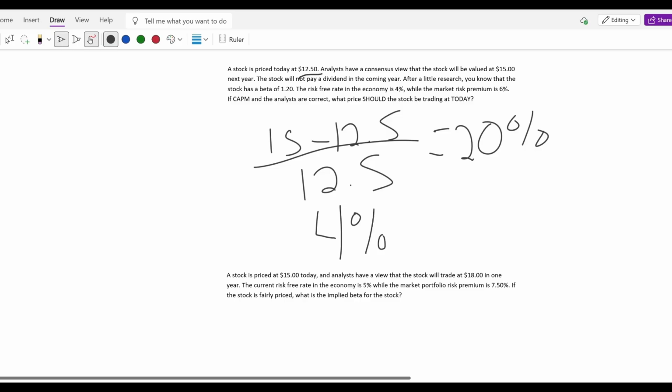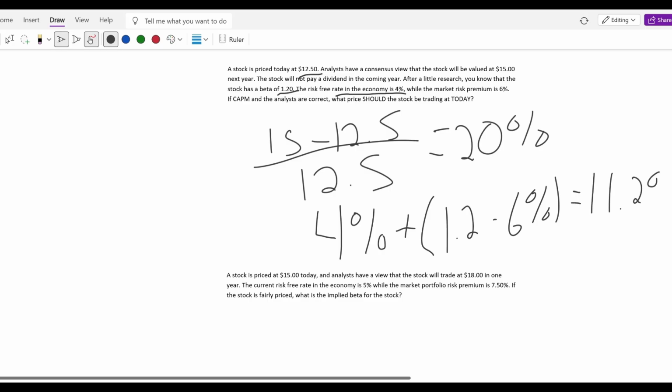We start off with 4%, which is the risk-free rate, plus your beta of 1.2, multiplied by the market risk premium, which is 6%. If you put that in your calculator, it leads us to 11.2%.